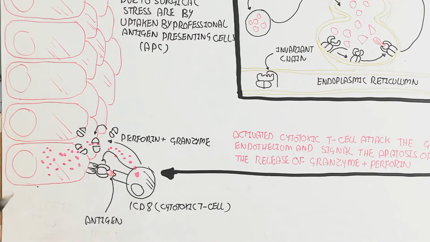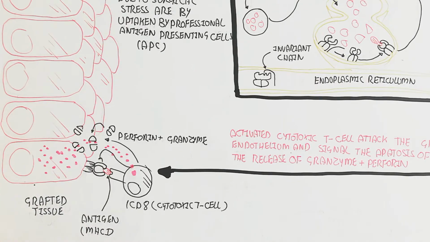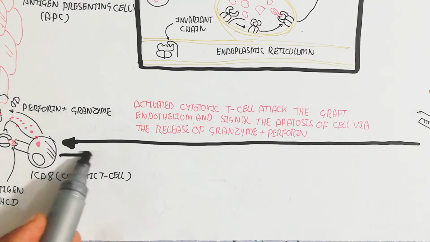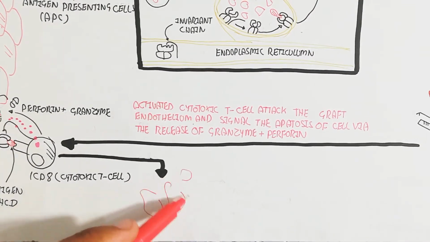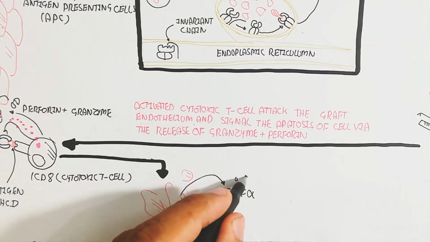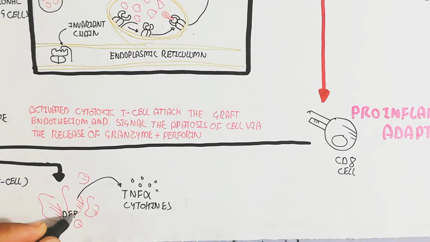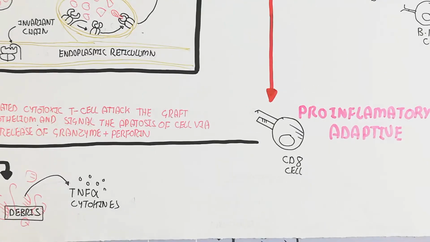You need to understand that the debris of the cell remains behind. This debris releases tumor necrosis factor alpha and cytokines, the interleukins, which lead to recruitment of neutrophils and basophils, and the neutrophil engulfs this debris.